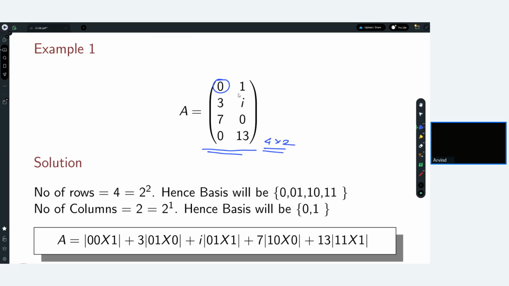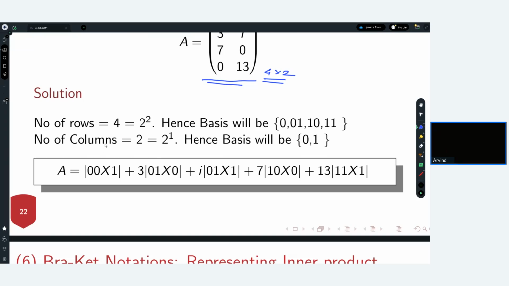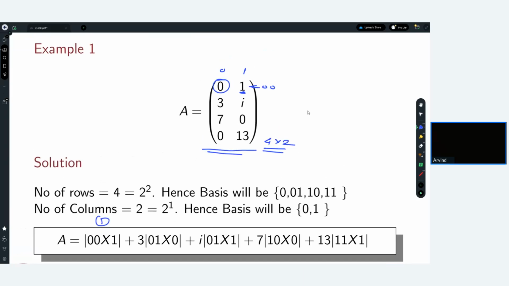The 1 is present at the 0th row and first column. So we are writing this first term because the 1 is present at the 0 row and first column.